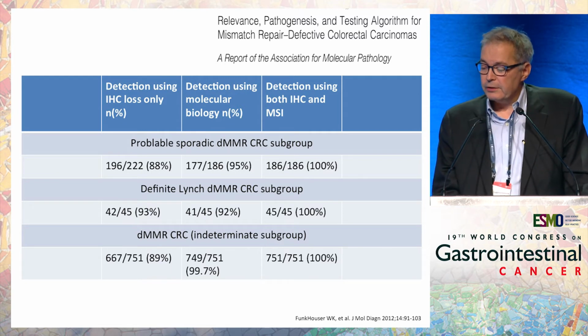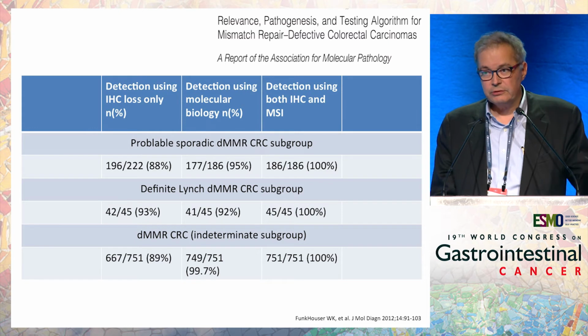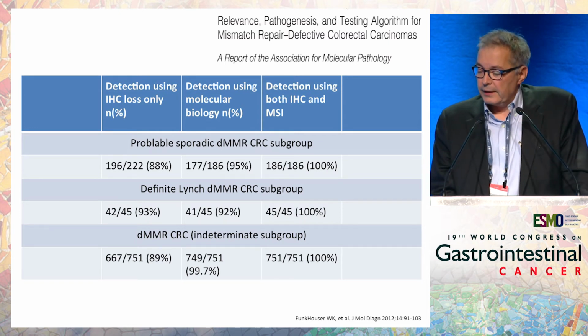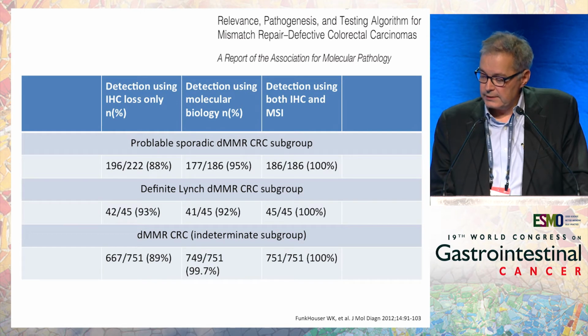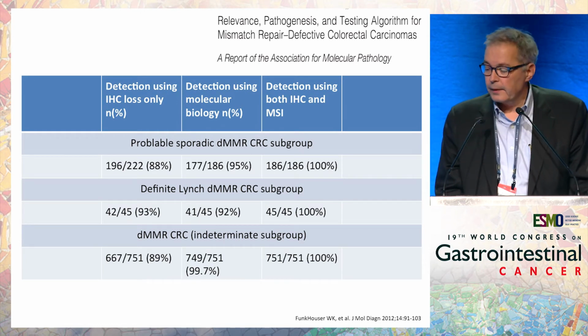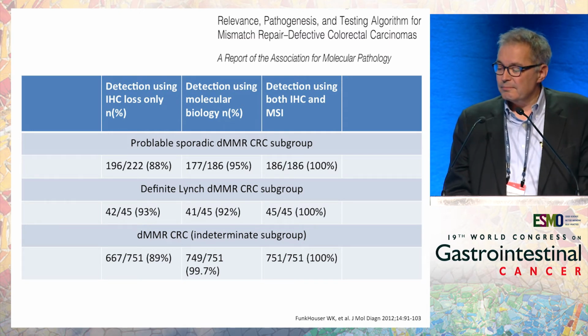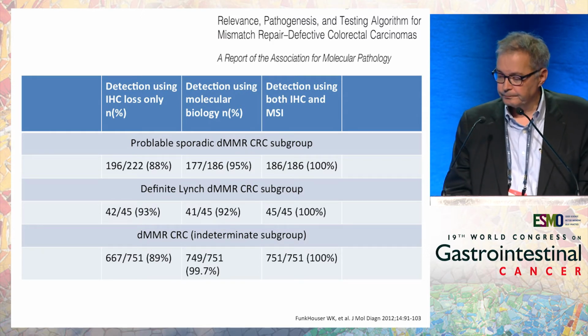If you want to recognize Lynch, if you have a population of Lynch syndrome, you have a similar efficacy for the 2 tests. And if you have an indeterminate subgroup, there is a more pronounced difference between the 2 tests, with 89% detection by immunochemistry as compared to 99.7% for molecular biology.